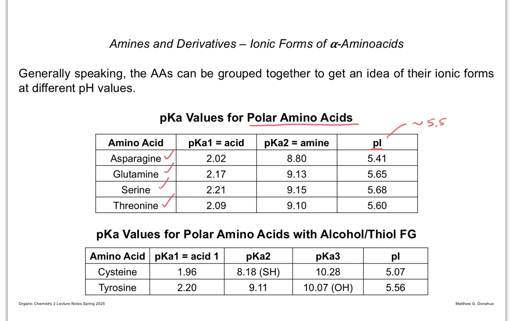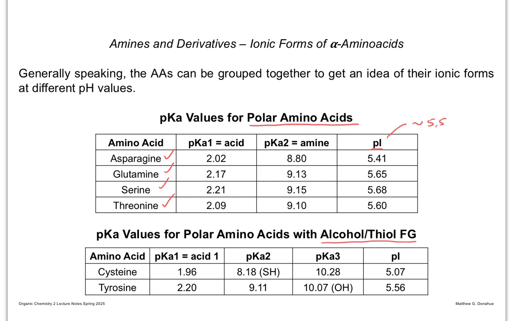When we move to the polar amino acids with the alcohol or thiol groups, say cysteine or tyrosine, what you'll notice now is there's an intermediate or a terminal pKa value.